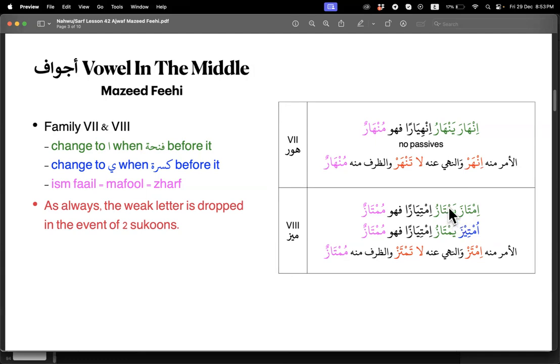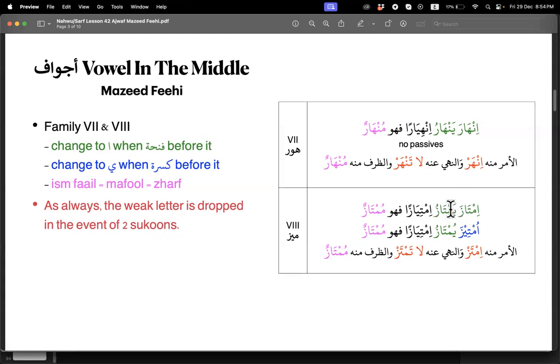Here supposed to be yamtayizu. Again, there's a fathah before, so it becomes yamtazu. Masdar is the same as normal. Iftialan, iqtiraban, so same. Imtiyazan. This is probably the only word that we know. Imtiyaz, yes, this is the word here.